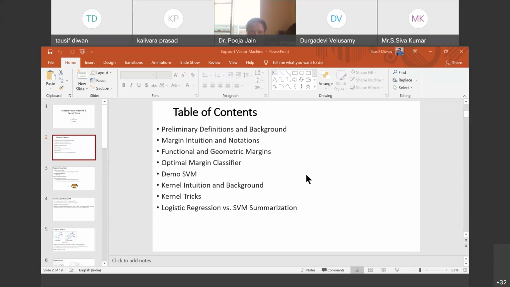Ma'am, I have one question. Is it essential to set random state? Is it essential to set random state? In the program, there is a random state equal to 0.